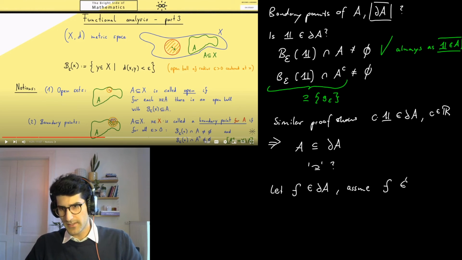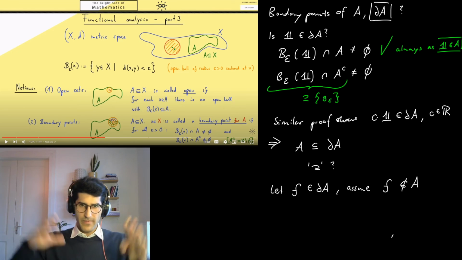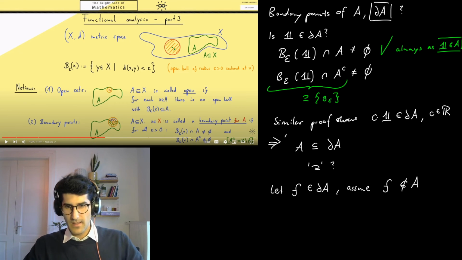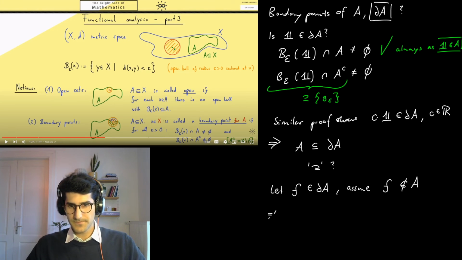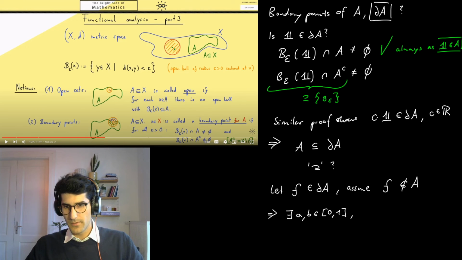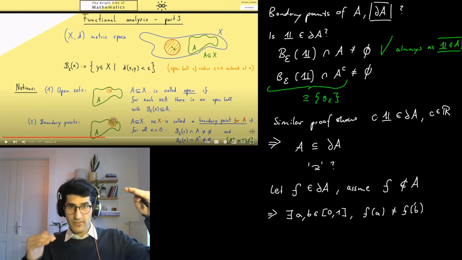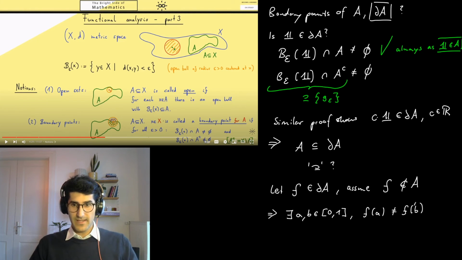So f is not an element of the set A, which is where we store all constant functions in our space. Not being constant means there exist 2 points a and b in the unit interval such that f of a is not equal to f of b. Yeah, if it's not constant, the function needs to take 2 different values. Let's say it takes one value at a, another one at b.